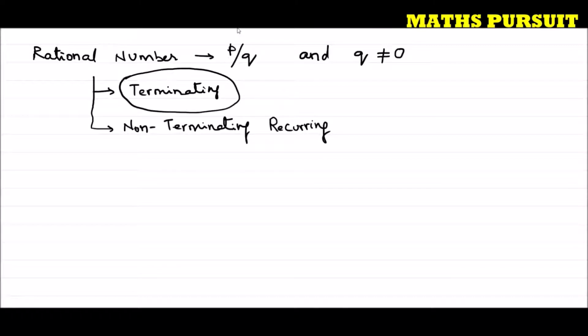The question is asking us particularly about the terminating factor of a rational number. The question is asking us, when a rational number terminates, what should be the property of q, or what should q satisfy?